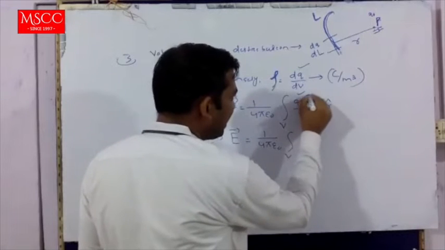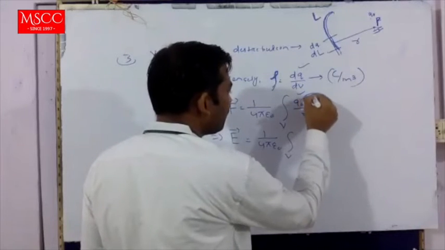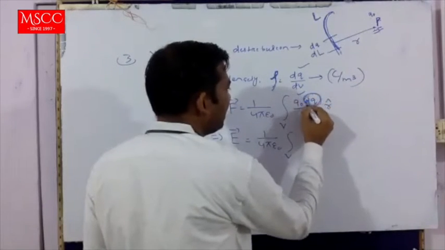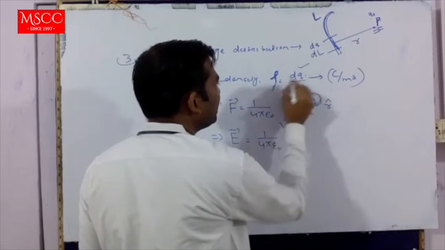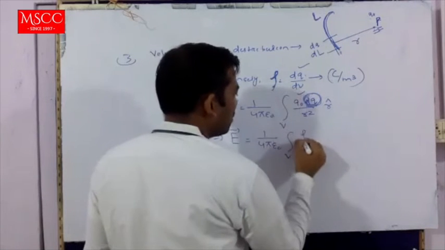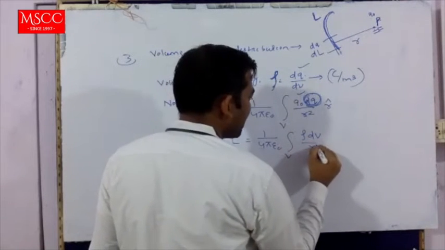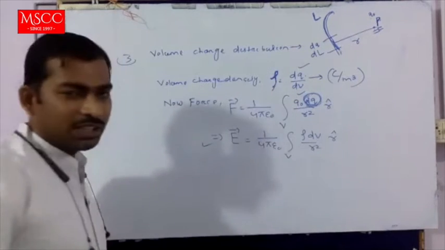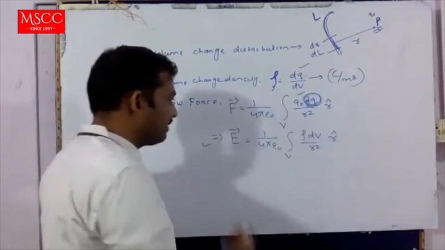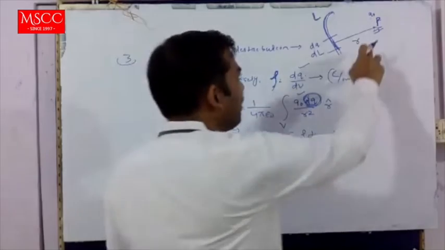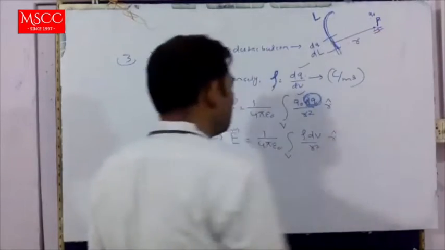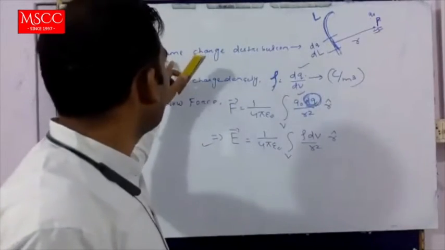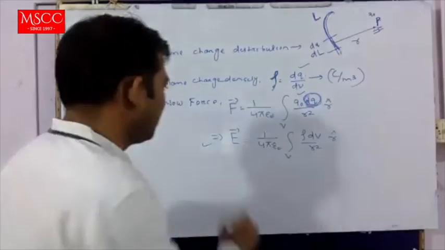In place of dq, mind this, we can write rho dv by r square r cap. This is the required expression for electric field intensity at a point P due to volume charge distribution.